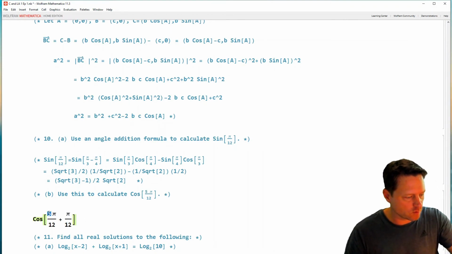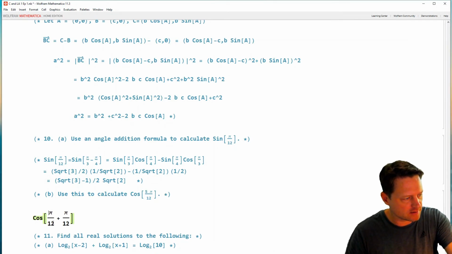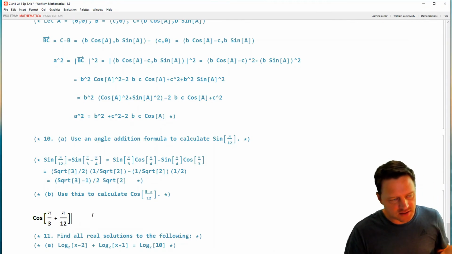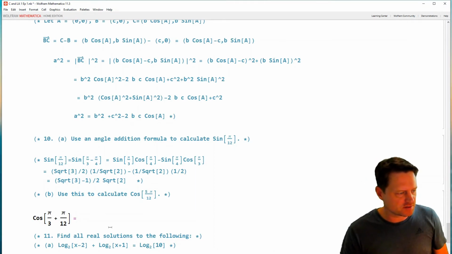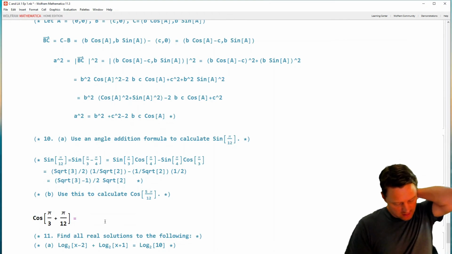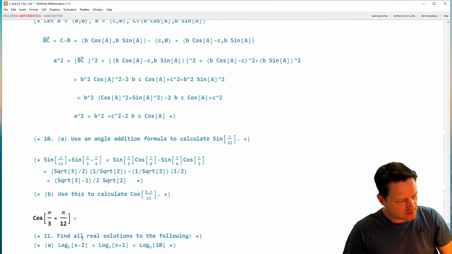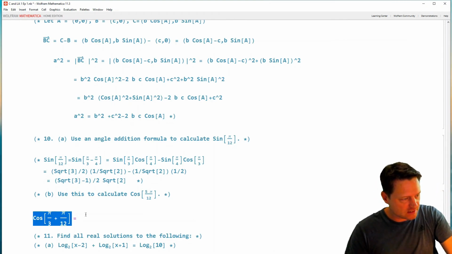So we would have a 4 there. So 4 on 12 would be 1 on 3, right? Is that something that we can take a trig ratio of exactly? Yes. And by exactly, I just mean in terms of a third. So we need an angle addition formula for the cosine. All right, that's pretty simple.